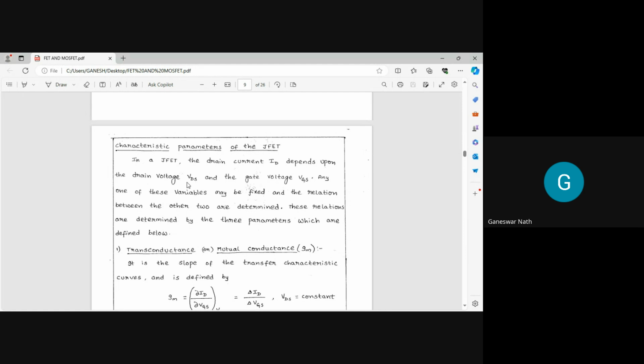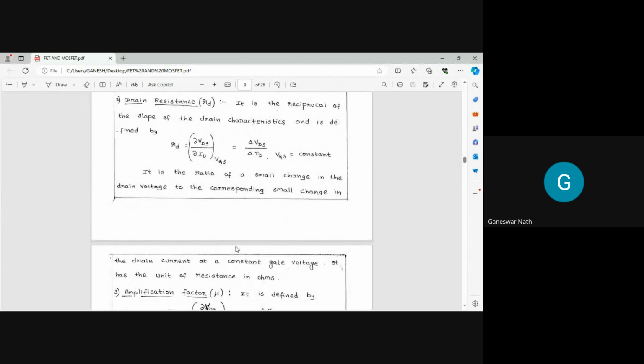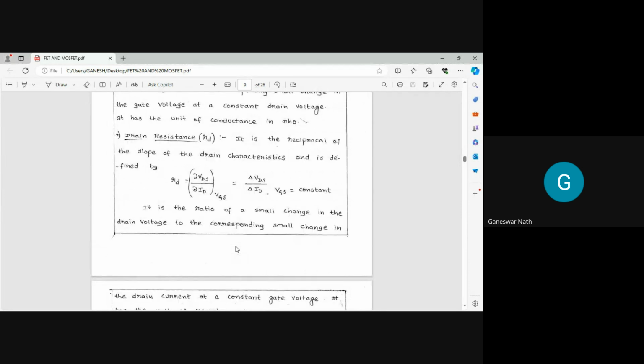That means this current will depend on both VDS and also VGS. Okay. So any one of these variables may be fixed and the relation between the other two may be determined. And this relationship is determined by three parameters, which are transconductance, okay, mutual conductance, and similarly you can find the amplification factor, and also you can find the drain resistance here.